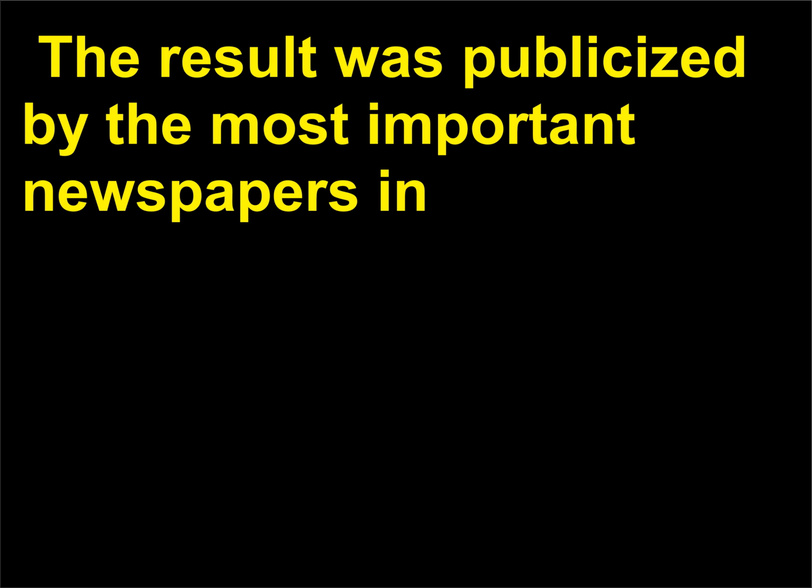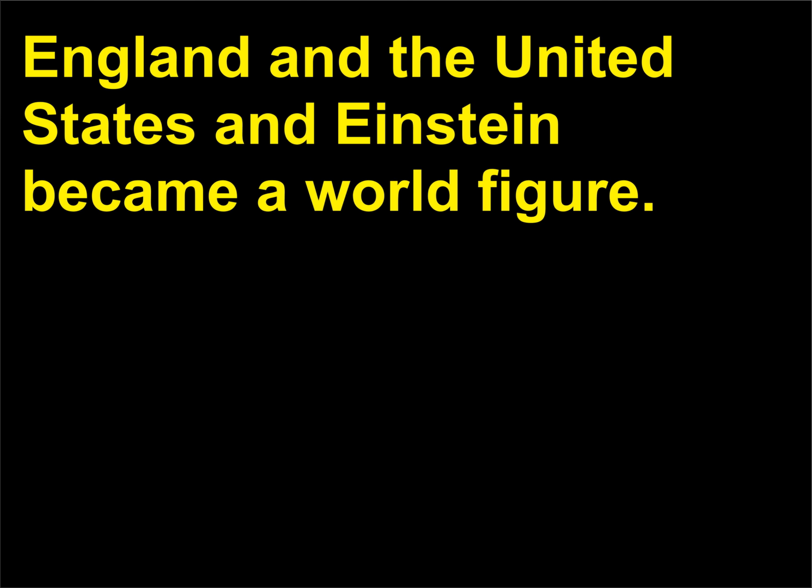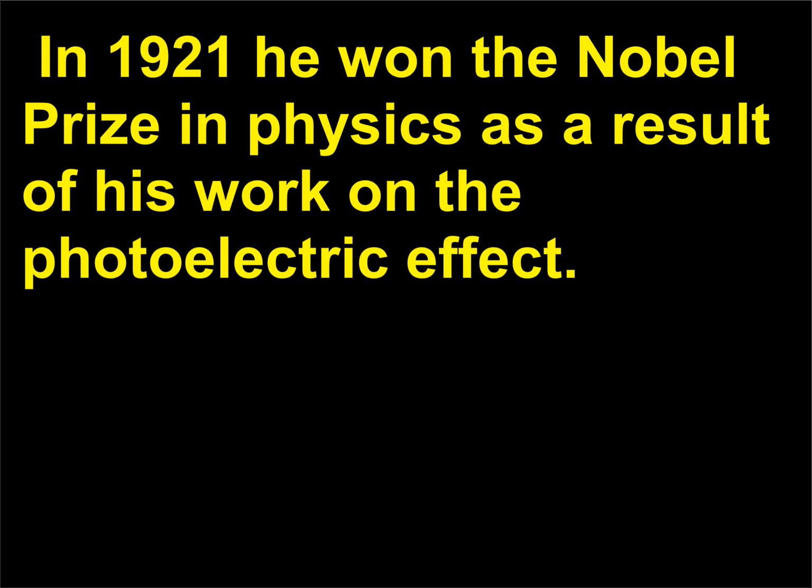The result was publicized by the most important newspapers in England and the United States, and Einstein became a world figure. In 1921 he won the Nobel Prize in Physics as a result of his work on the photoelectric effect.